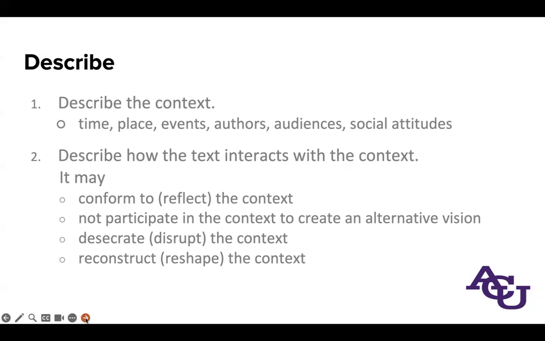Does it reconstruct? Does it take what's above and really counter and reconstruct it in a different manner? Or does it not even participate? Is it giving you an alternative? These are things to think about when you describe and you're doing a rhetorical analysis.